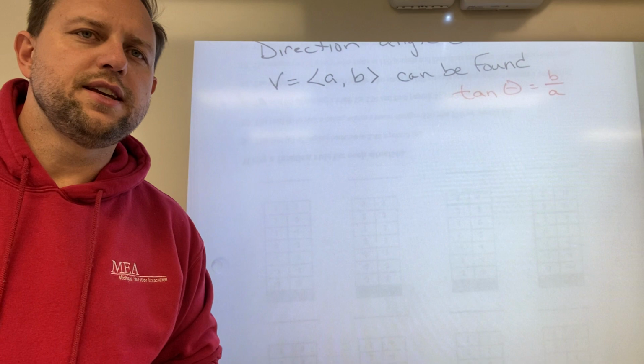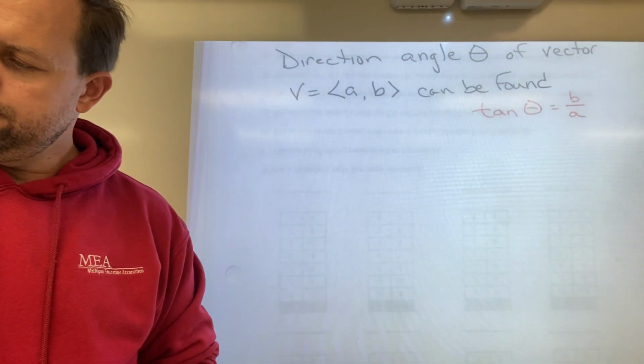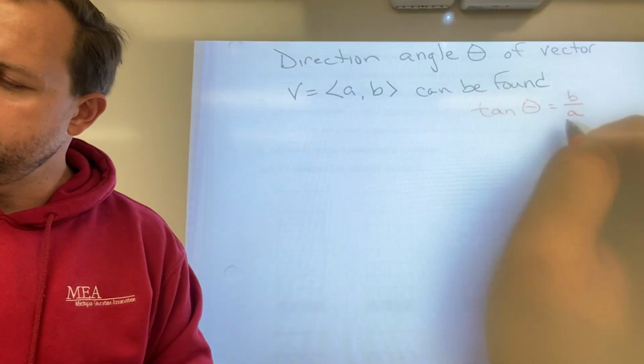Tangent of theta is equal to B over A, or opposite over adjacent.